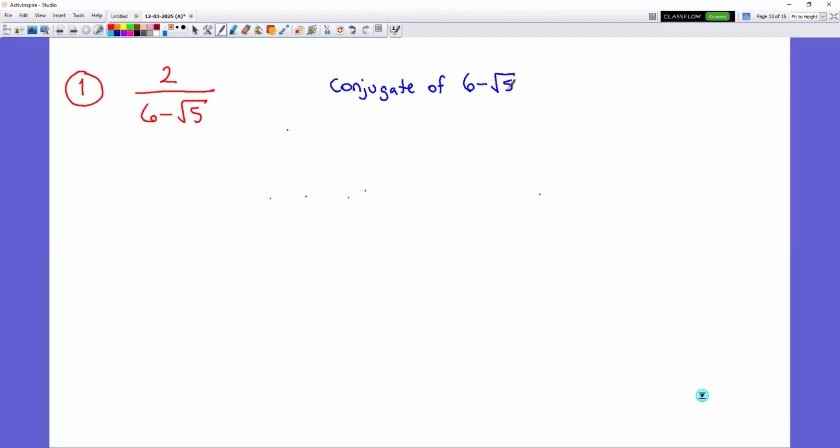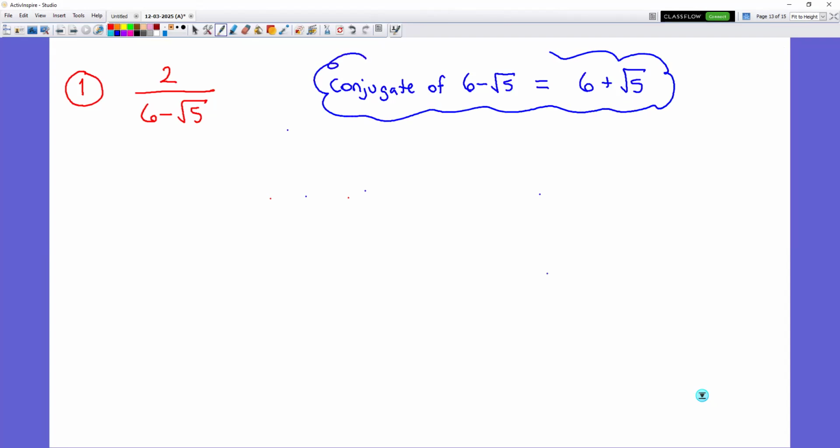Well, when you have an expression like the 6 minus square root of 5, all you have to do is change the sign in the middle. So you have a minus sign in the middle, which means it's going to become a plus. So the conjugate of 6 minus the square root of 5 is 6 plus the square root of 5. Okay, so that's what you have to do first. You have to discover what the conjugate of the actual expression is.